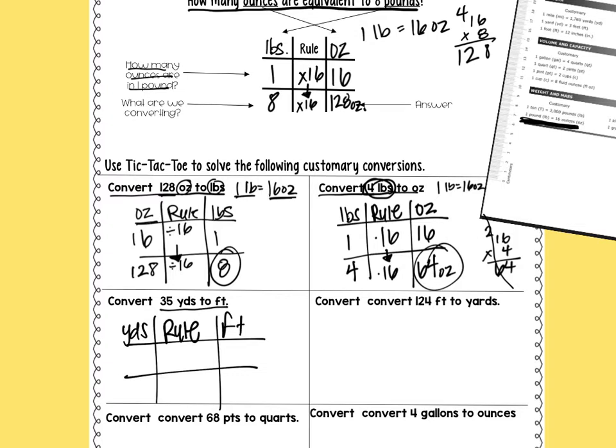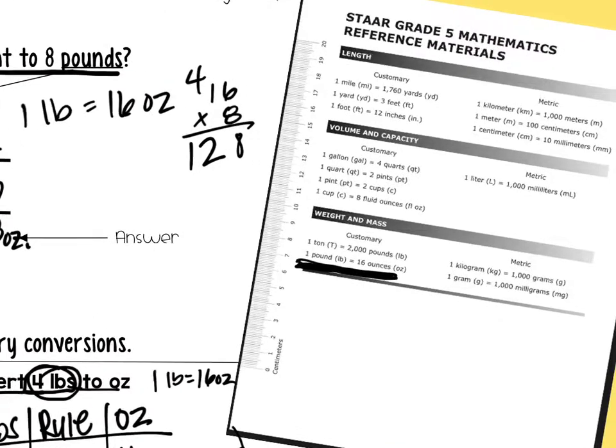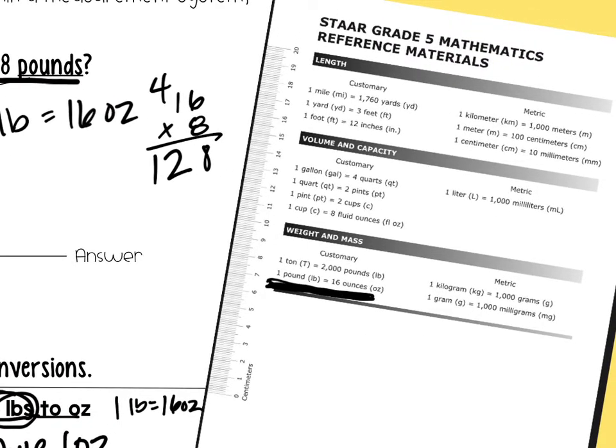So I need to go to my reference chart and I need to find where yards are next to feet. So if you look, I have 1 yard equals 3 feet. So this is the rule that I need for this problem. I need to know that 1 yard equals 3 feet.